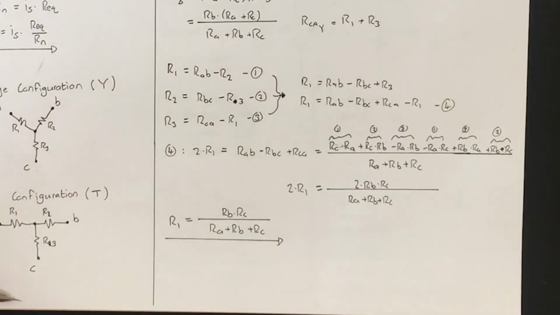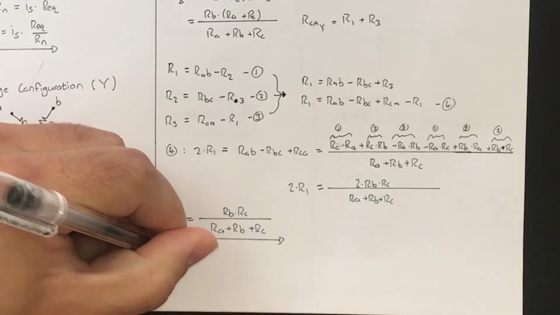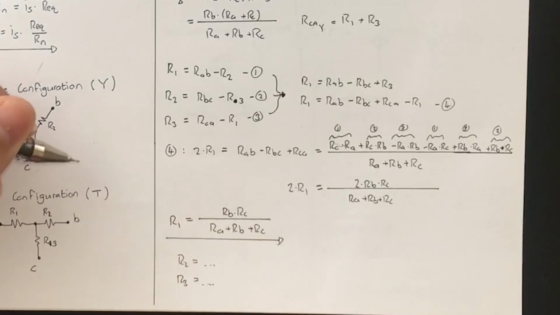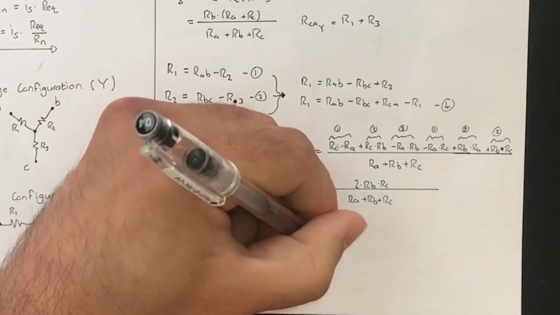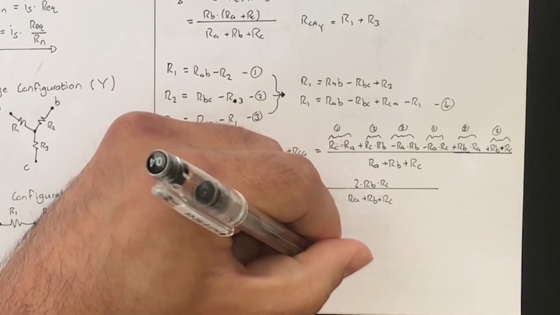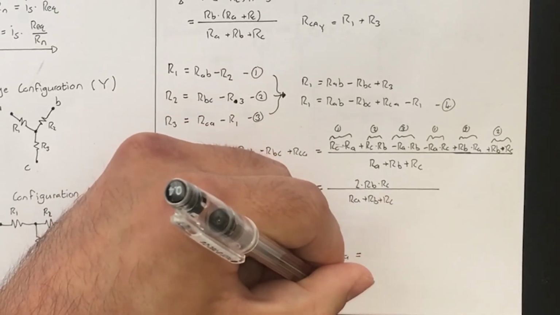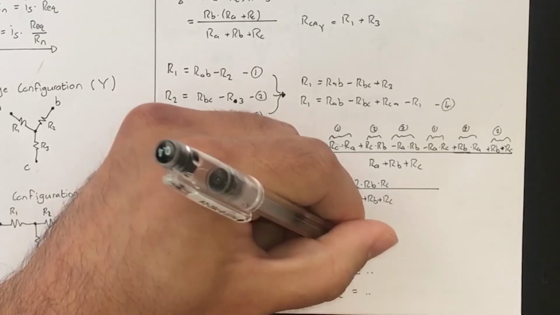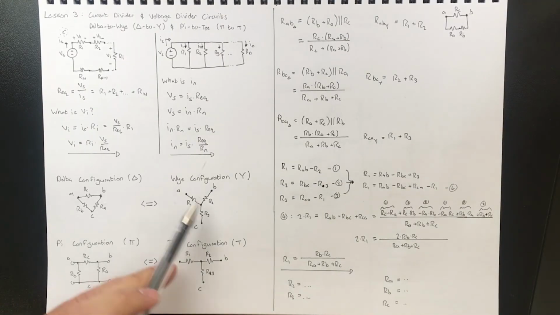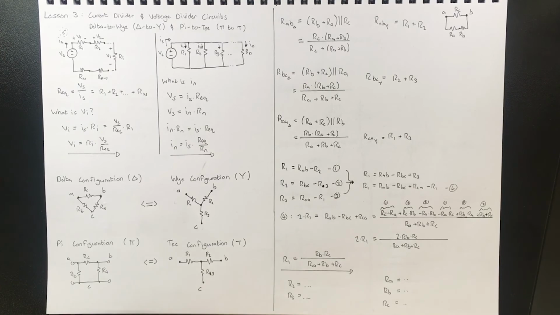And this can be done for R2 as well as R3. And if we would like to, we could further do RA, RB, and RC. And we can get those in terms of the Y or the T resistors.